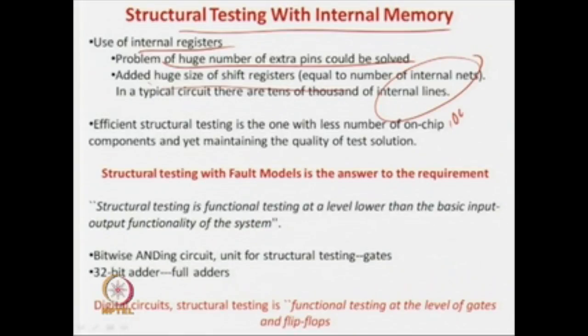If there are say 10,000 internal lines, then you may require on the order of 10,000 flip flops in each shift register. That is, for each net you require one element of the shift register, and a shift register consists of flip flops. So one flip flop per net to be controlled. That is also a very high number, but still that is a smaller problem than the pin outs.